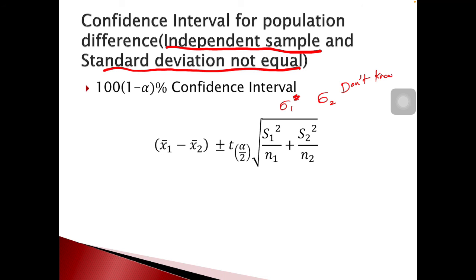So all terms you can find: x1 bar, x2 bar, t alpha over 2, S1, S2 given, N1, N2 given. Since this is plus or minus, you will have two values, a lower bound and an upper bound. Okay.